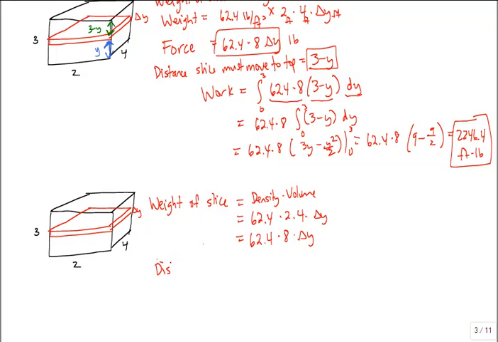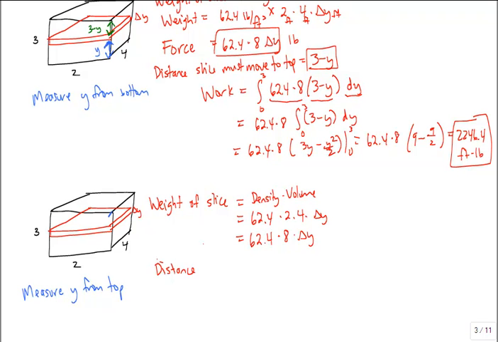Okay? So then the only change between this problem and the last one is my distance function. And it's just based on how you define your y, where you place that y. So up here, I measured y from the bottom of the tank up. Down here, what I'm going to show you is the alternative of measuring y from the top down.